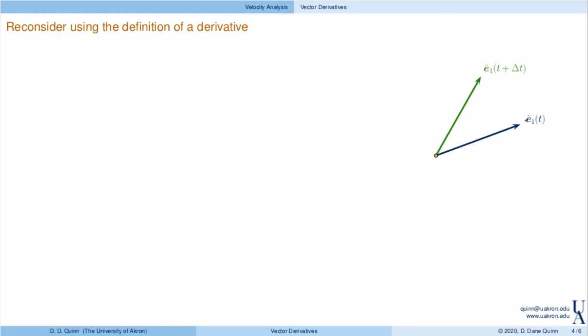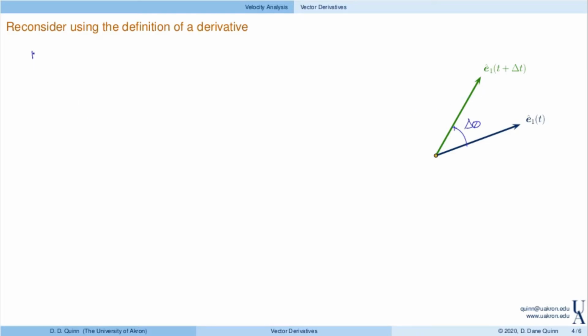So here I have E1 written in two different positions, right? So this is E1 at time t, and this is E1 at some time slightly ahead of that, so t plus delta t. So between E1 at time t and E1 at time t plus delta t, those directions change by an angle delta theta.